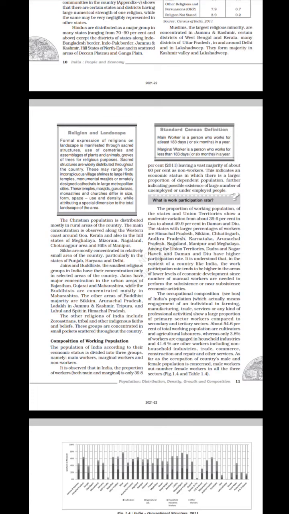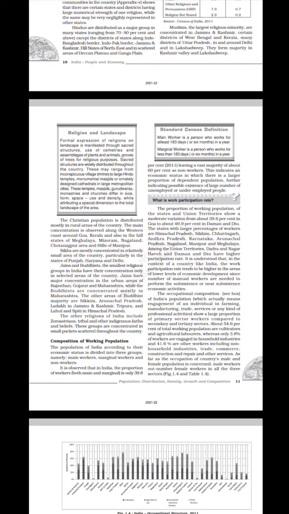It is understood that in a country like India, the work participation rate tends to be higher in the areas of lower levels of economic development, since a number of manual workers are needed to perform the subsistence or near subsistence economic activities. The occupational composition of India's population, which actually means engagement of an individual in farming, manufacturing, trade, services, or any kind of professional activities, shows a large proportion of primary sector workers compared to secondary and tertiary sectors.